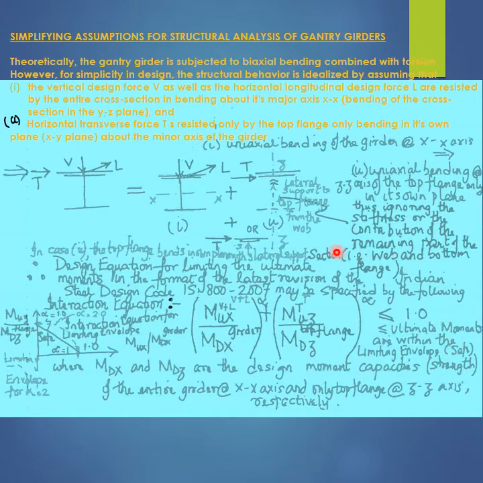Thus, based on the above mentioned simplifying idealizations that are implemented for the simplification of the structural analysis and for consequent simplicity in design practice, and are also rational and realistic, as the simplifying assumptions do not result in any significant loss of accuracy in the calculation of the normal and shear stresses in the gantry girder cross section.